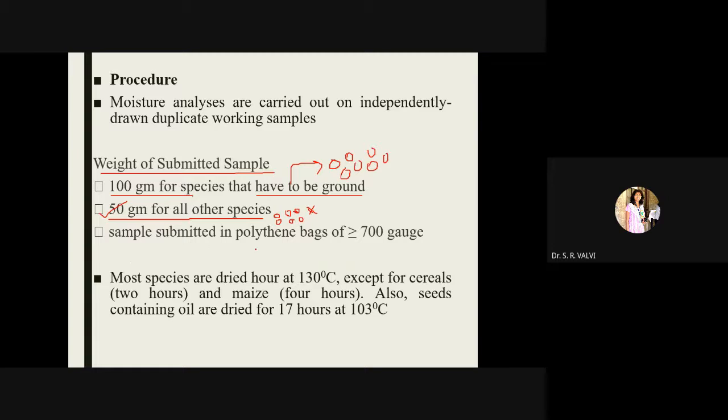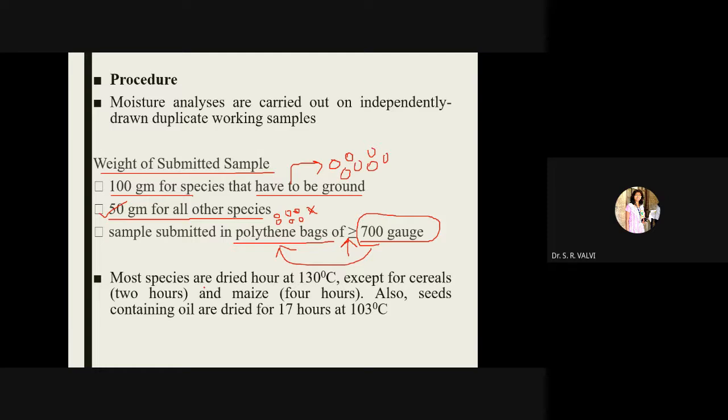Then the sample should be submitted in polythene bags of greater than 700 gauge. See, this is the thickness of these polythene bags. The thickness should be greater; see, here the symbol is there, greater than 700 gauge.